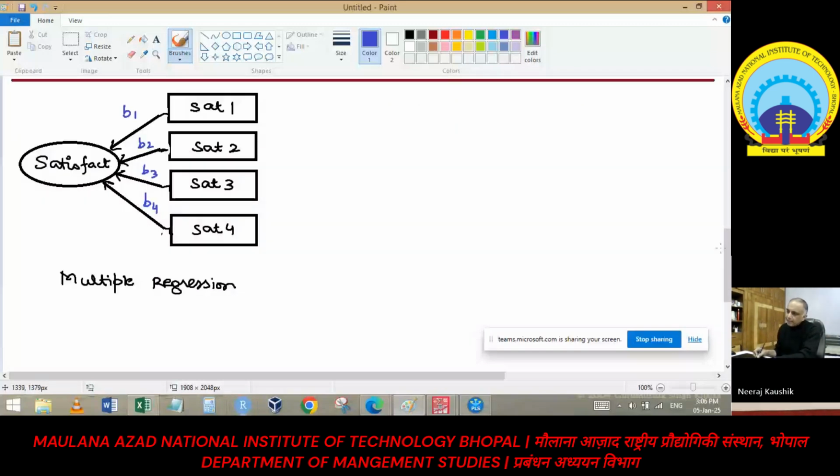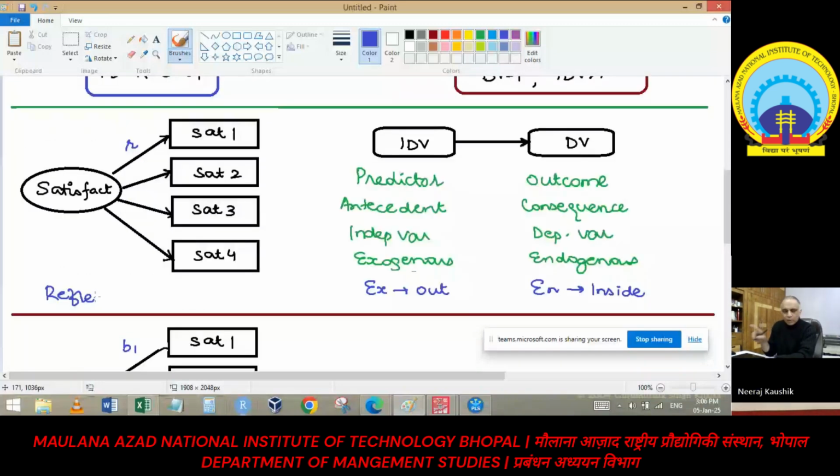You need to add them. A formative construct is nothing but a case of multiple regression. And a reflective construct is nothing but a case of several simple regressions. And why this arrow direction goes from circle to box and box to circle, I explained yesterday.